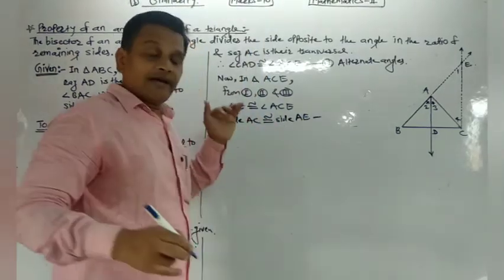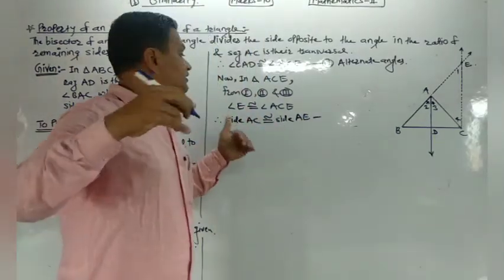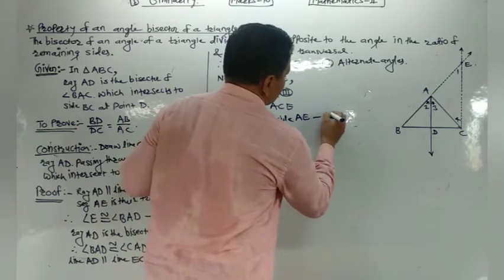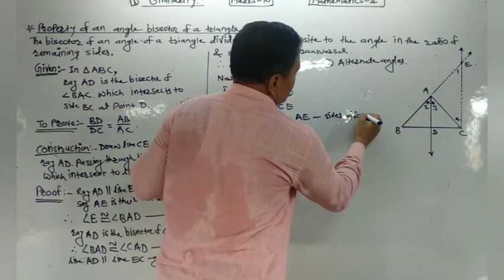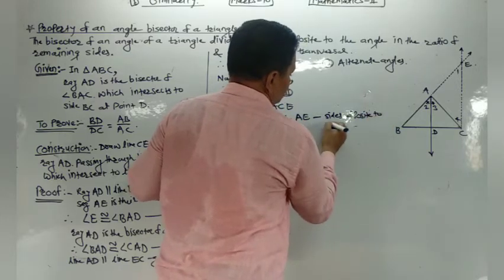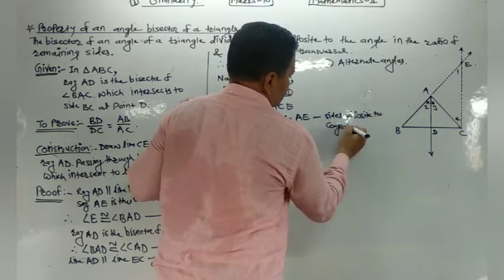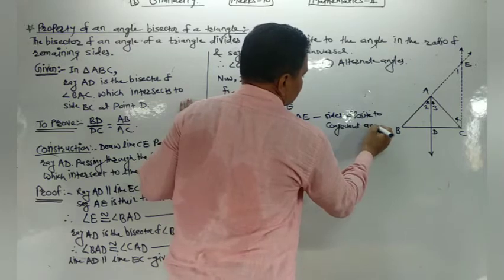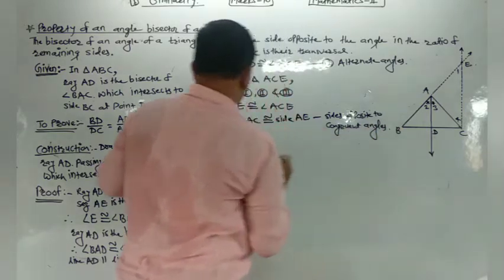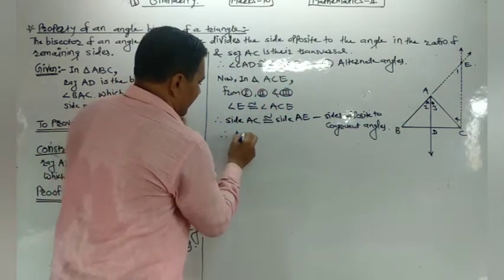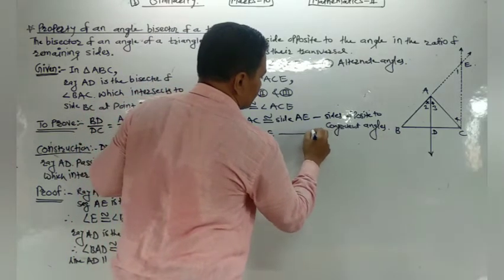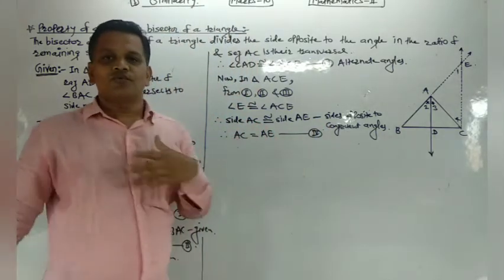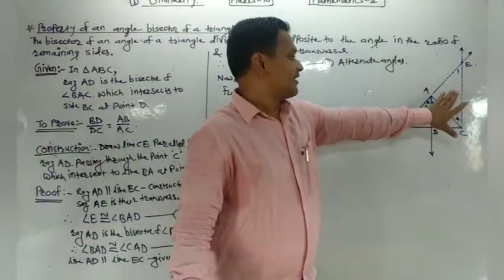Why? Sides opposite to congruent angles. Therefore, we say that AC is equal to AE. This is step number 4. You get the answer, understand?